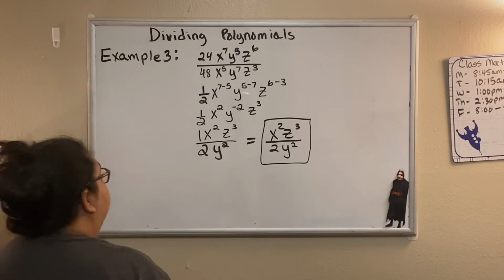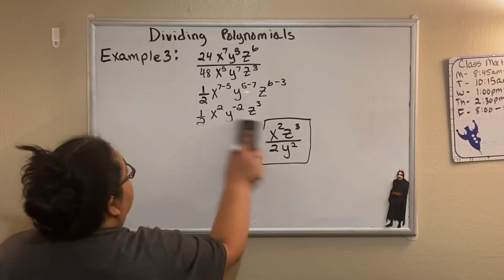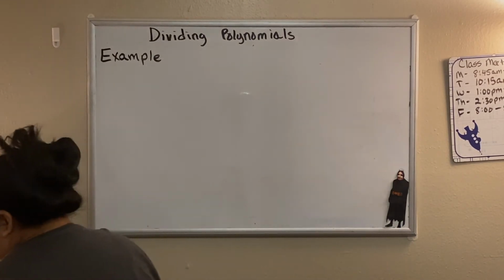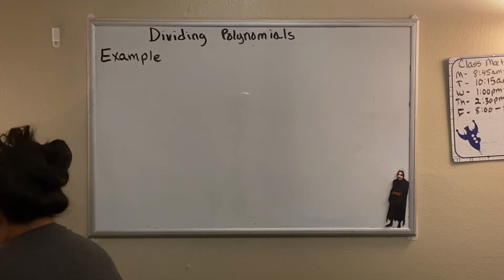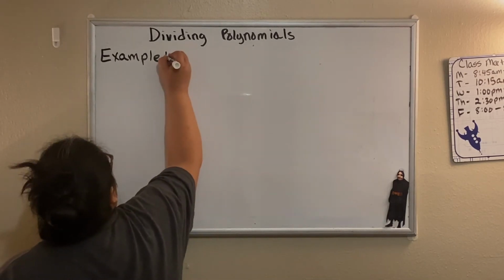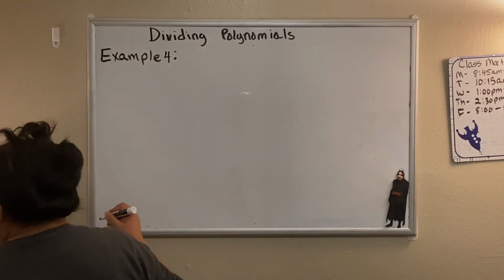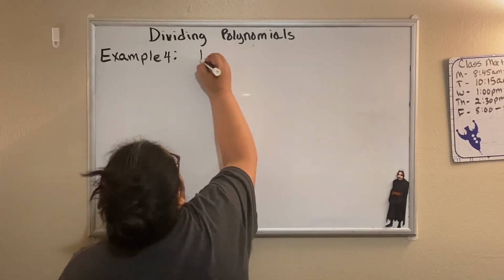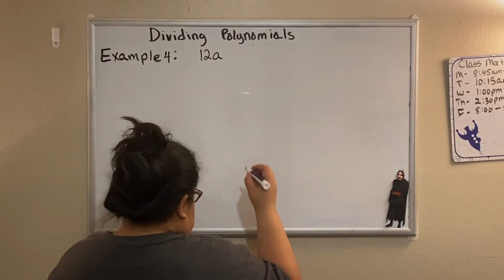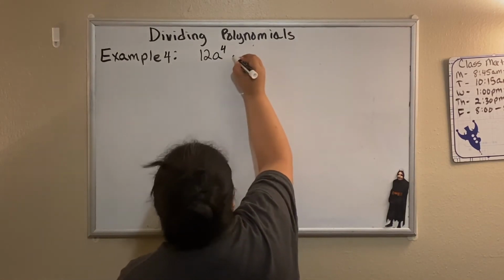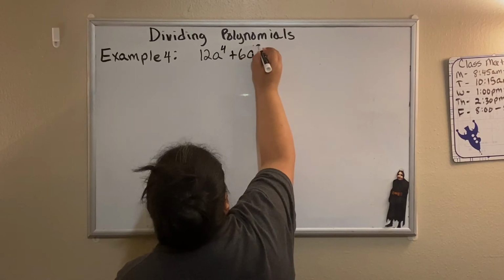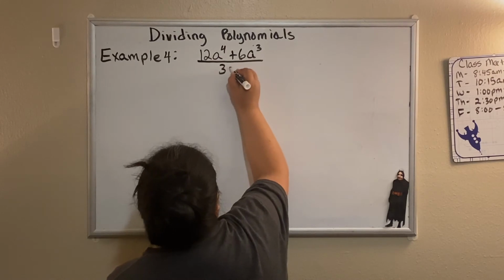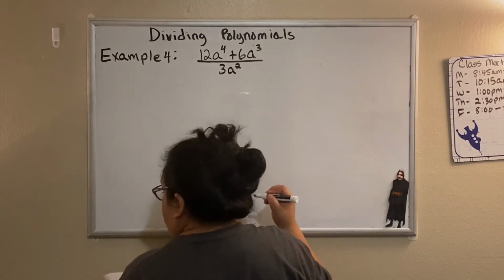Okay, now we're going to go to example 4. And example 4 is going to be 12a to the 4th plus 6a to the 3rd, and we're going to divide that by 3a to the 2nd.